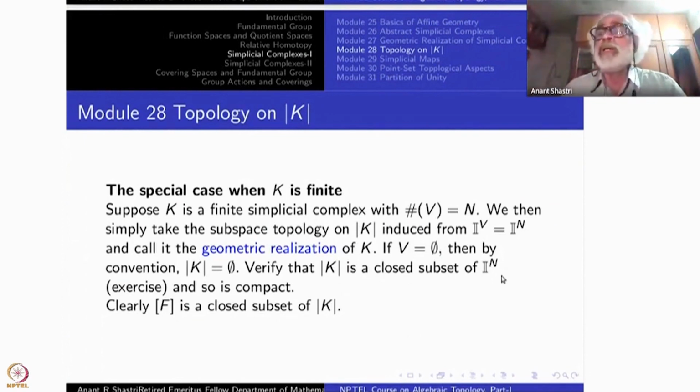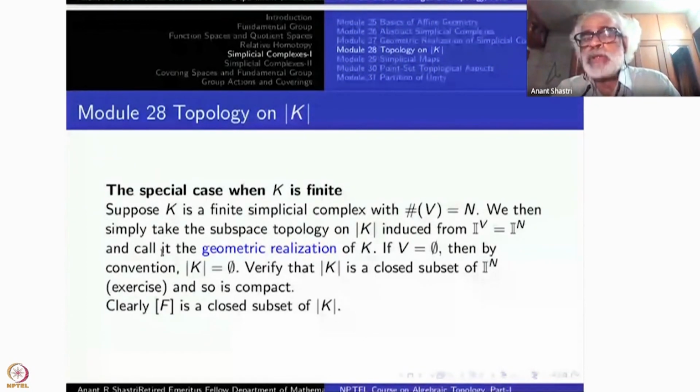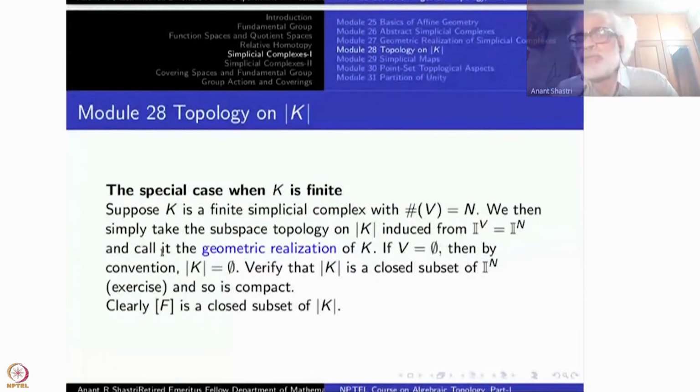In particular, it's compact, since a closed subset of a compact set is compact. And each closed simplex F is again a closed subset of mod K. That is also given by a closed condition. The conditions are all given on the coordinate functions, equal to something, an intersection of several of them. So it becomes a closed set.